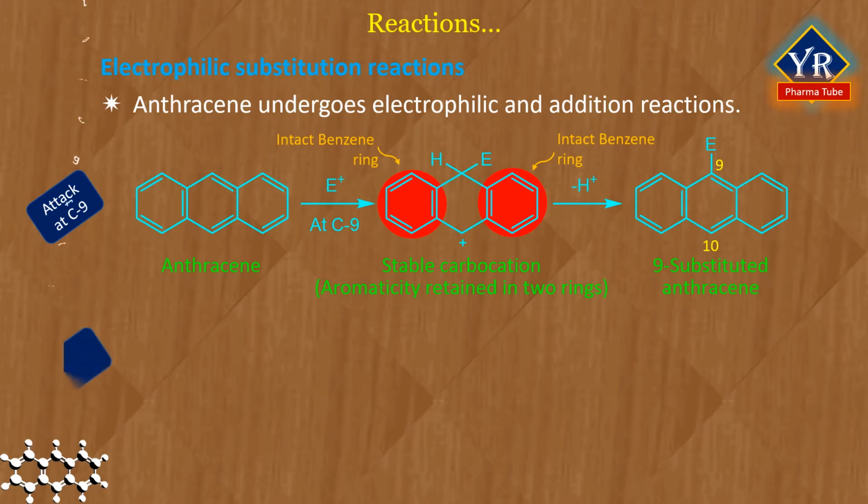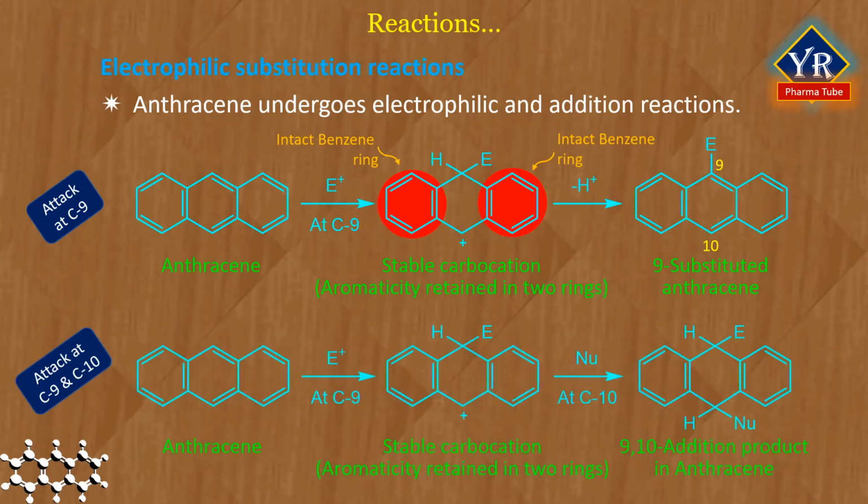This carbonium ion intermediate can lose a proton to give the corresponding substitution product, or it can react with a nucleophile to form the 9,10 addition product. Thus, the aromatic sextet is retained in 2 benzene rings, which stabilizes the system due to the high resonance energy. The letter E in the given structures represents an electrophile and NU represents a nucleophile.